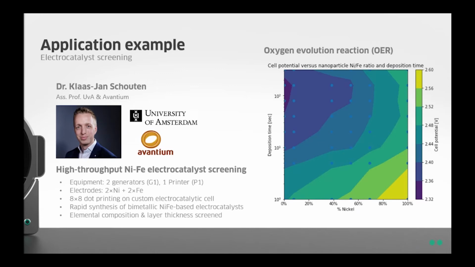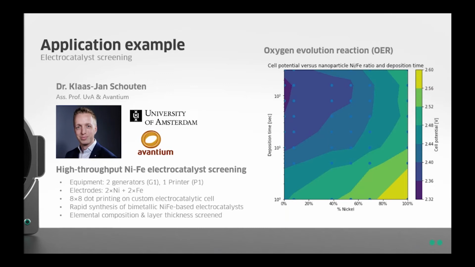And on the vertical axis, we increased the deposition time, so the thickness of the layer. And this way you can really fast print multiple different combinations of material, and then come to a composition for this specific application, which was an oxygen evolution reaction, and they did the analysis, so we can do high throughput material screening.